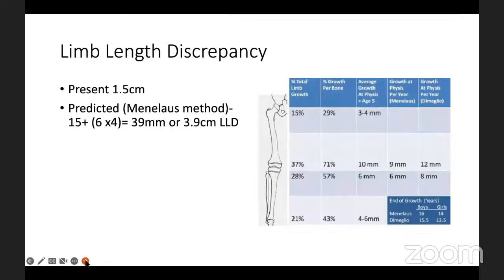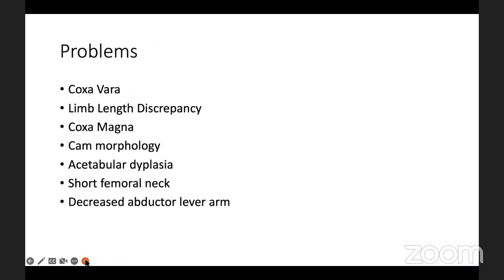And limb length discrepancy, presently it's 1.5 centimeters, and predicted, assuming a complete proximal femoral physeal growth arrest, is 3.9 centimeters. So the problems we are facing here are coxa vara and limb length discrepancy.